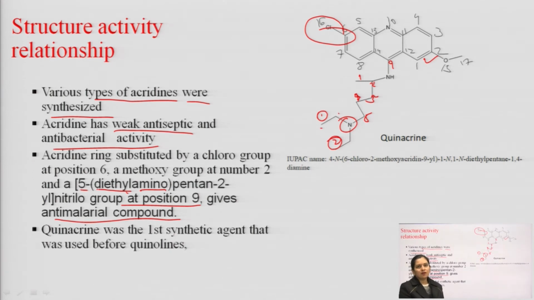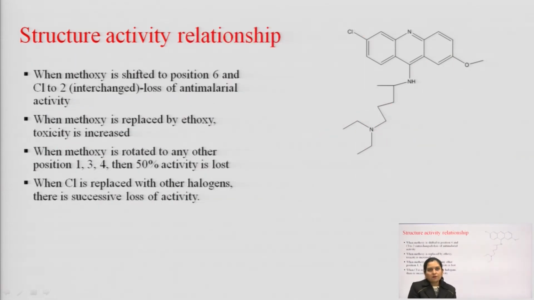Quinacrine was the first synthetic agent that was used before quinoline. If methoxy is shifted to position 6 and chloro to 2, if we do the interchange, then we found that there is no antimalarial activity. When this methoxy is replaced by ethoxy, the toxicity was increased.